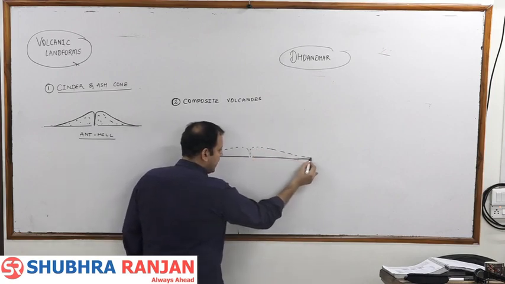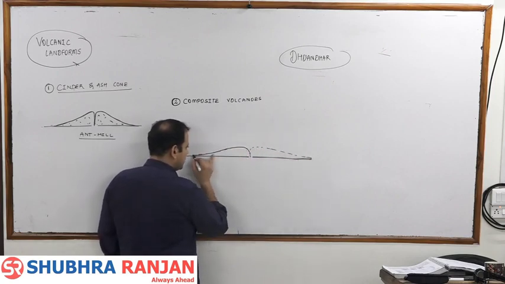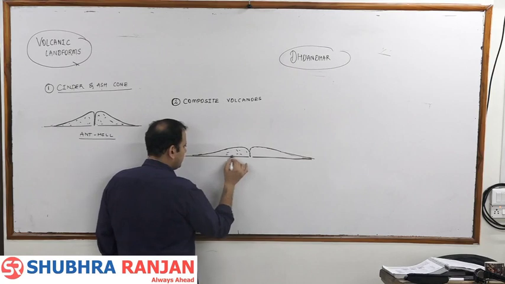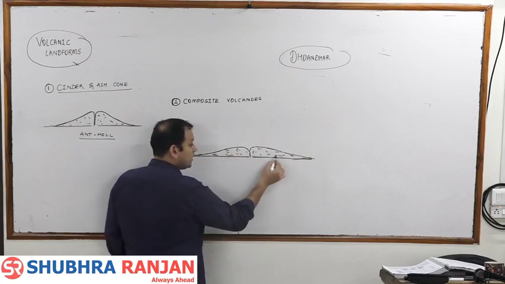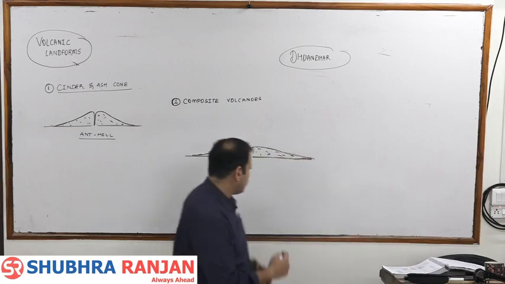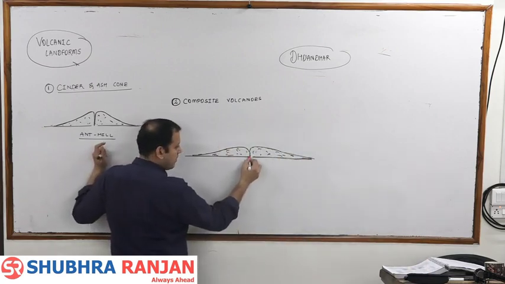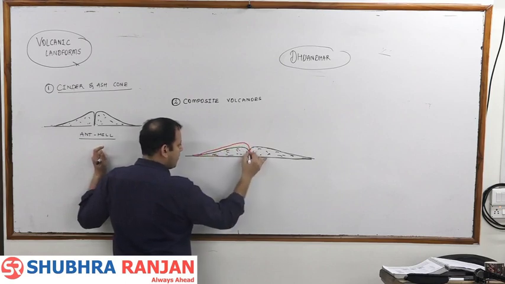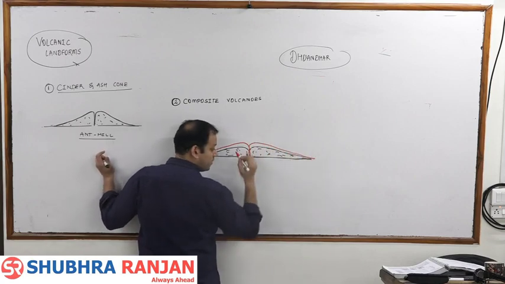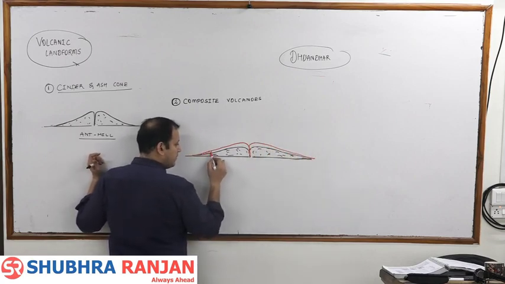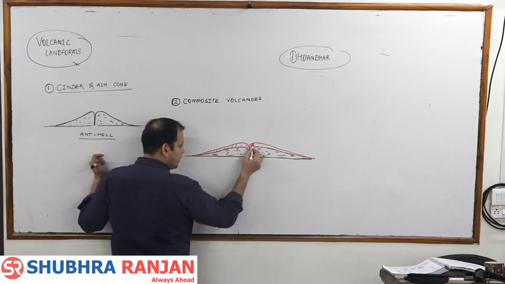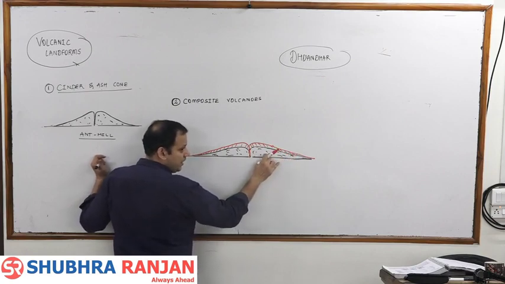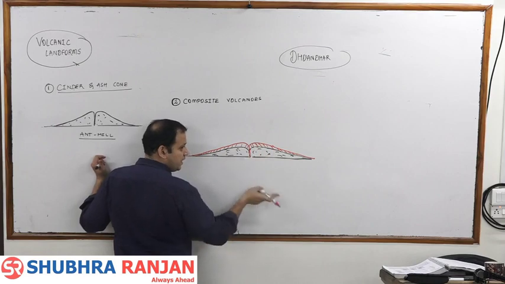So the stone or ash or cinder is thrown in different directions. In the diagram we make it exactly similar, but it is not necessary that volcanic cones will be similar. Once the stone is thrown, from below magma will erupt, magma will come out and then the magma will flow as per the slope. That is, lava will flow as per the slope. Then this lava will become solidified, and because it becomes solidified it will act as a cement. So we say that it will protect the ash or cinder from getting washed away. It acts as a cementing material.